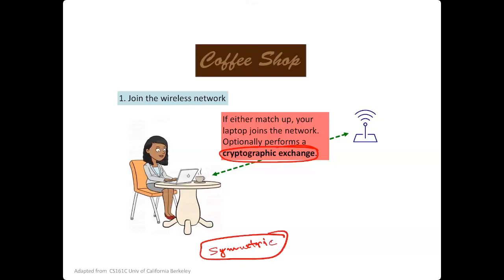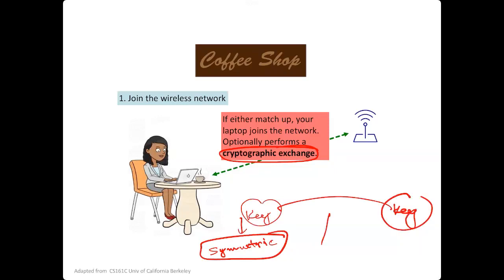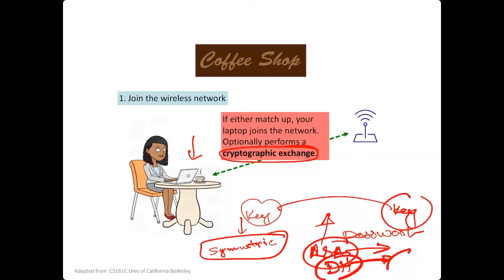And how are the keys exchanged? Obviously symmetric encryption requires a shared key, right? How does it happen? Is it based on the password? Is the password used as the key, or will this laptop generate a pseudo random number and use asymmetric key encryption like RSA to send the key to the other end, or use Diffie-Hellman to generate a shared symmetric key?